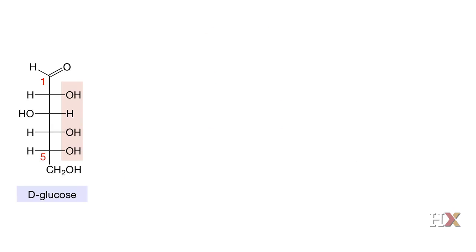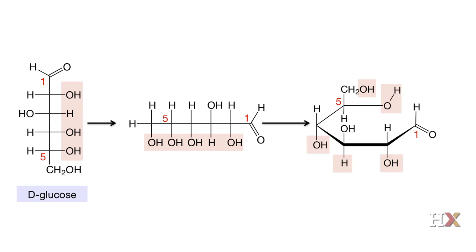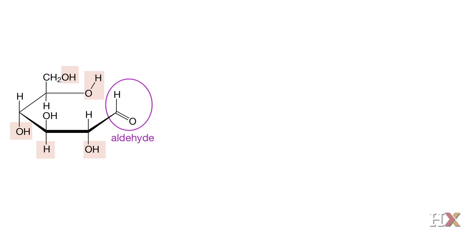For example, we can start with a linear form of D-glucose and see how it can cyclize. We will start with a linear molecule of glucose and then bend the covalent bonds to bring the hydroxyl group carried by carbon 5 in close proximity to carbon 1 that carries the aldehyde group. Now, the formation of a hemiacetal is possible.